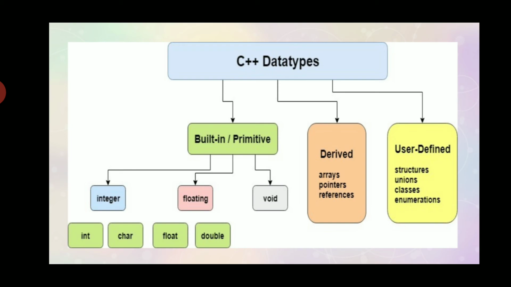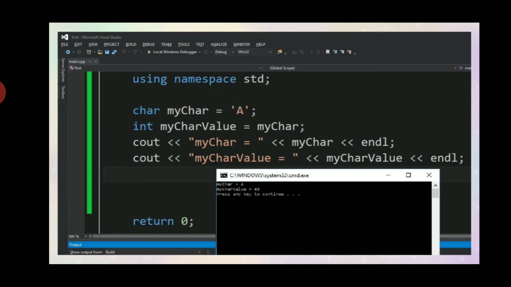Now if we want to see the value of a, see here I have defined a variable mychar of type character, and I have stored a here. This is initialization of the variable. Then I have defined another variable of integer type where I have stored mychar, this a. Now a is in this mychar value.